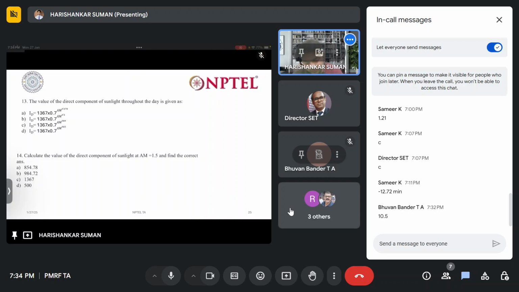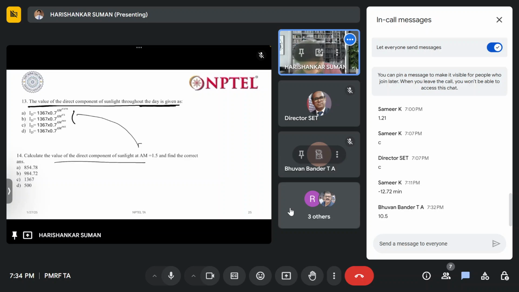Next question. The value of the direct component of sunlight throughout the day is given as... Which option is correct? You can use this expression.